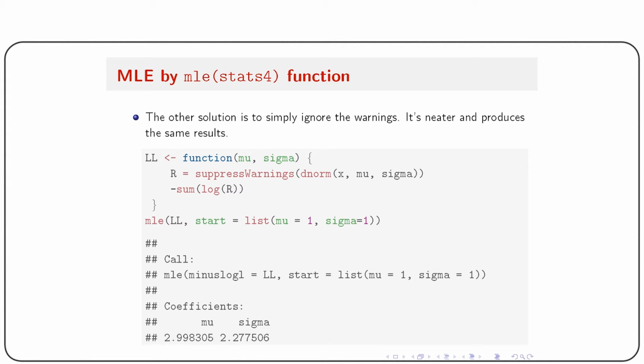Then you can apply mle(LL, start equals list(mu equals 1, sigma equals 1)), and you will see there is no warning at all, only the estimates are given. So this suppressWarnings function will remove all the warnings that are displayed after running this code.